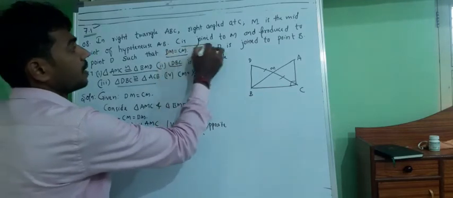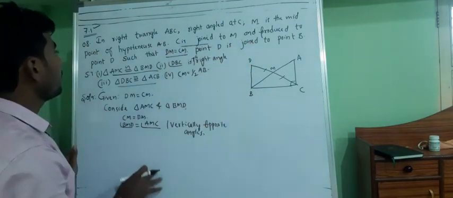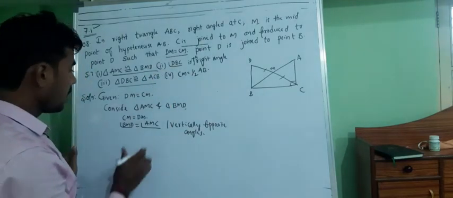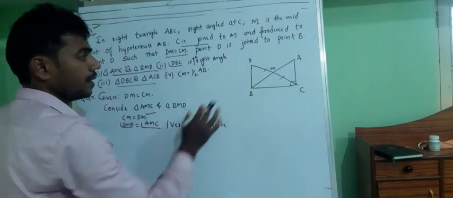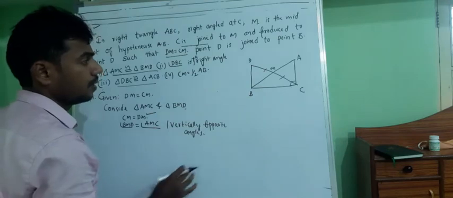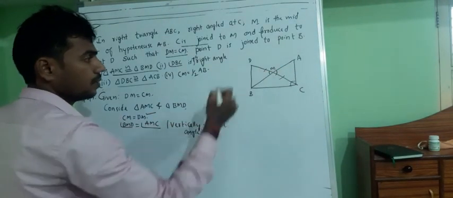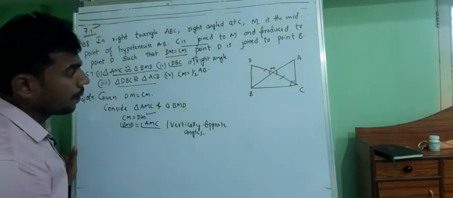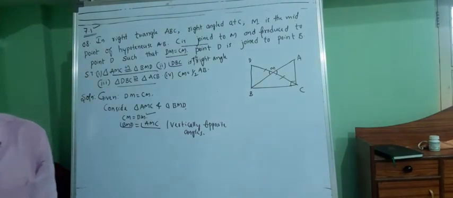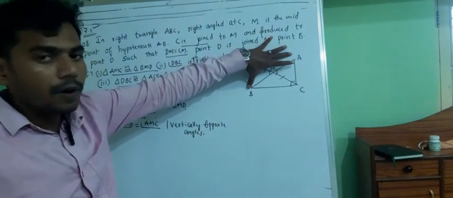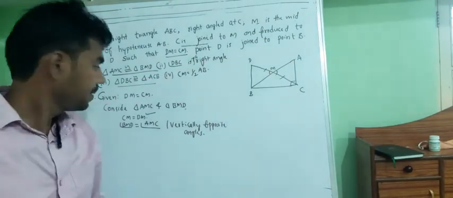Next, what is there? C is joined to M produced to point D such that DM is equal to CM. So we got CM is equal to DM, and even we got this angle is equal to this angle. Now see, AB is hypotenuse and M is the midpoint.